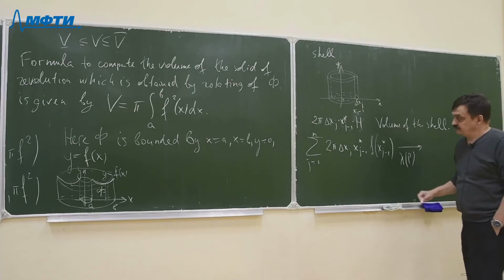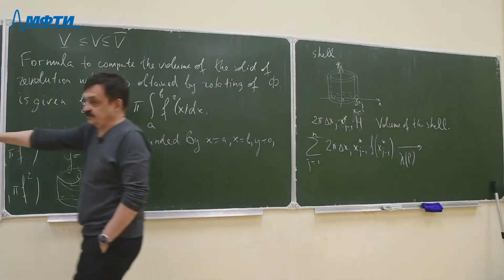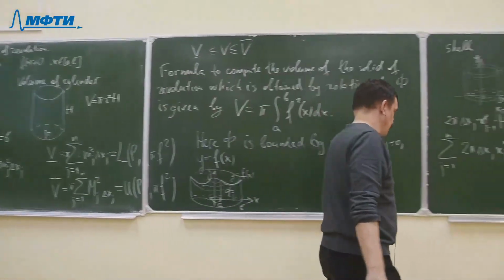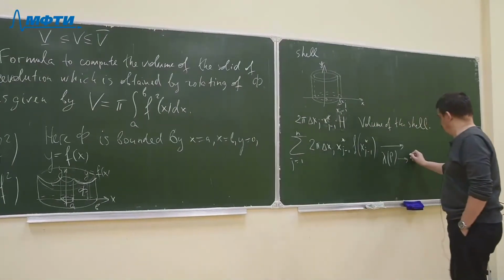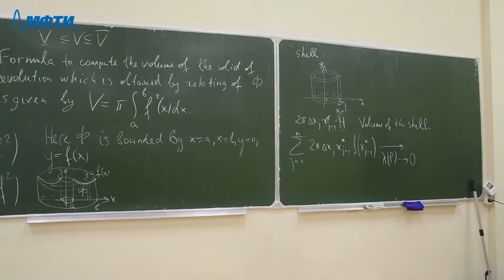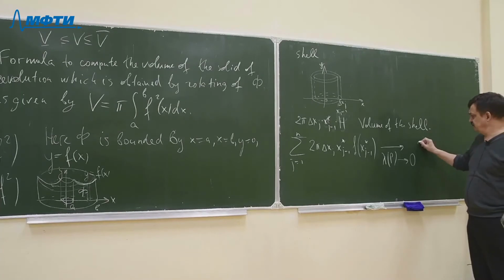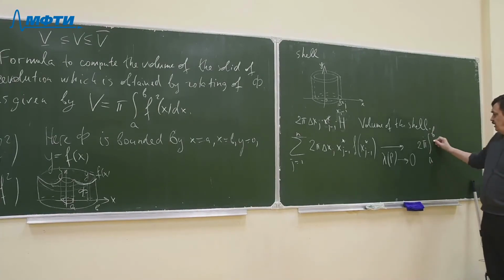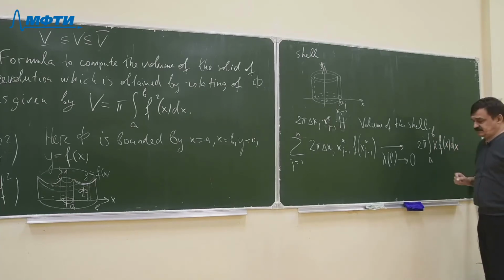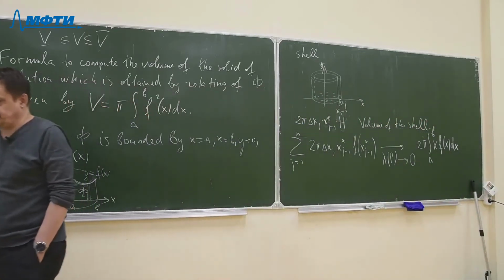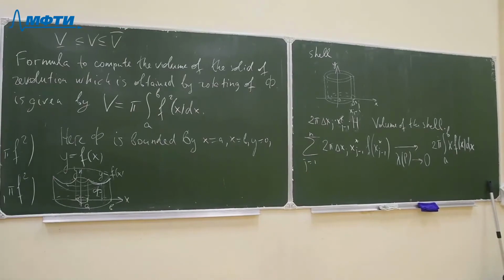When the diameter of the partition, the same partition as before, tends to 0, this integral sum tends to 2 pi integral from a to b of x f(x) dx. Of course, it's true for non-negative f(x).